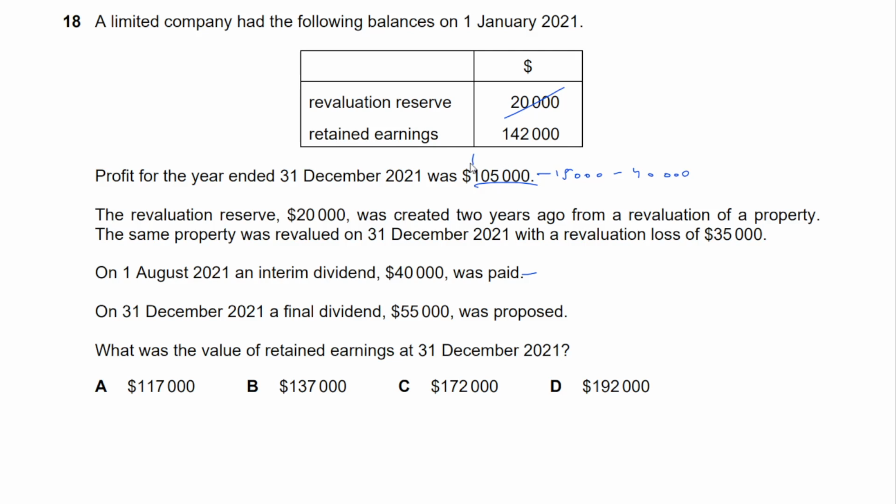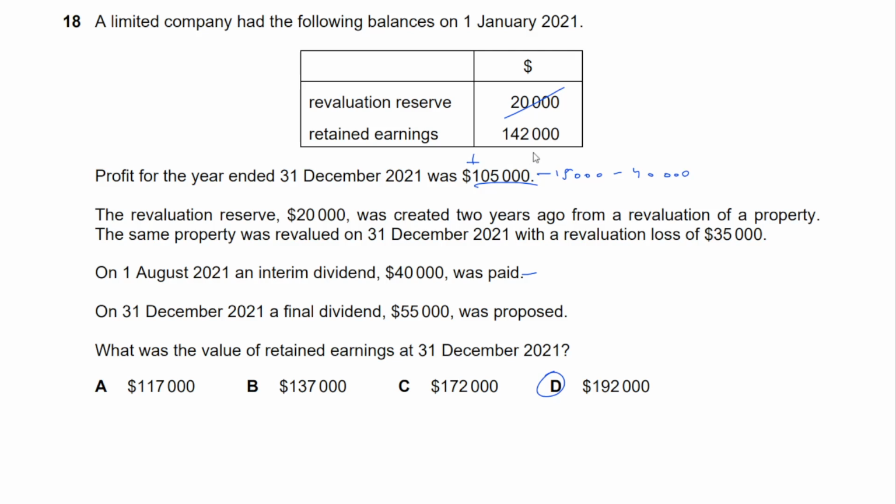We have to add the profit to that and do the rest of it. 142,000 plus 105,000 minus 15,000 minus 40,000. That's 192,000.